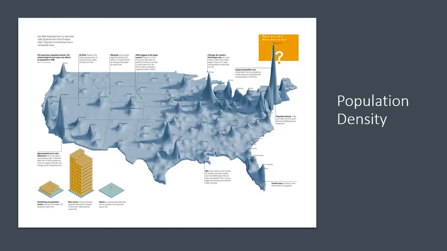Okay, so I'm going to write that down. Actually, we can call that number of individuals in one area or per area. So you can see over here, the map over here is the human population density in the United States.